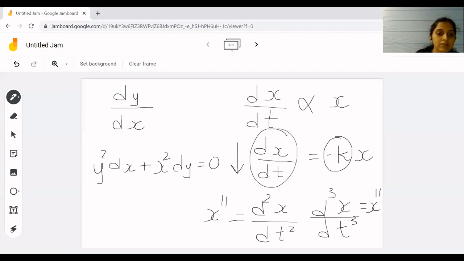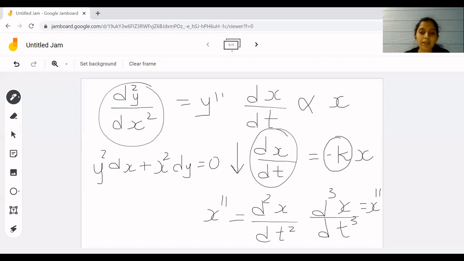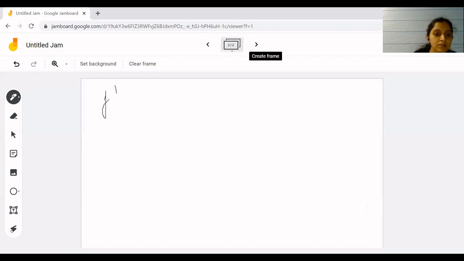Similarly, if we have dy by dx as the first derivative, then the second derivative d2y by dx square is given by y double dash, and d3y by dx cube is y triple dash. These are your higher order derivatives. If y is equal to f of x, then we have f dash of x, the first order derivative, f double dash of x, the second order derivative, and so on.